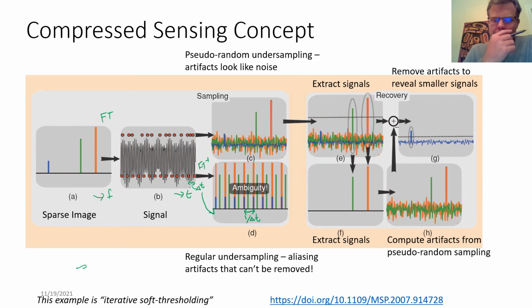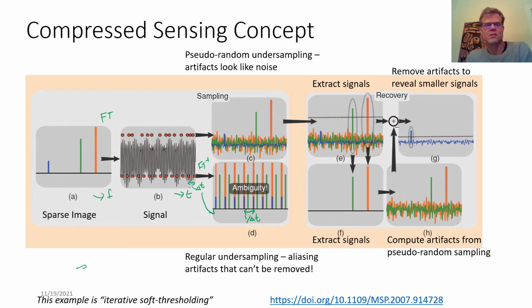So what we do instead is illustrated by the red dots on the top of part B here, which is pseudo-random sampling. We pick these points at random. It turns out that when this occurs, the aliasing artifact from this pseudo-random sampling starts to look like noise.